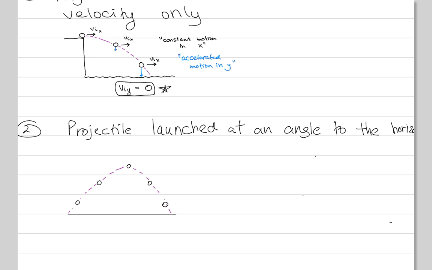See how the displacement vertically never actually changed? So it's not like you're going to be shooting off a cliff and then it goes past where the cliff was and down farther. I'm 99% sure that you're always going to have problems where it lands at the same height that it was launched. So it'll always have this symmetric shape to it.